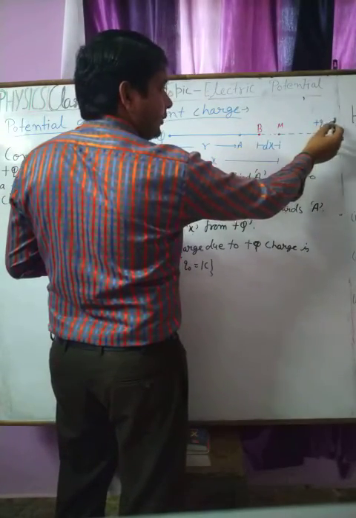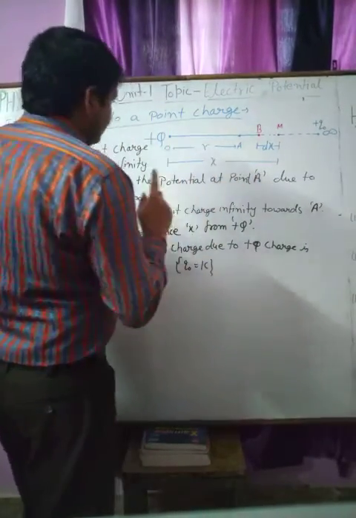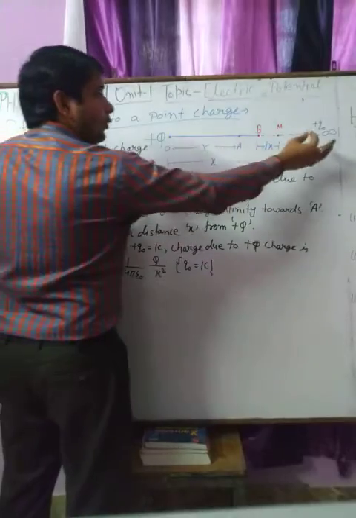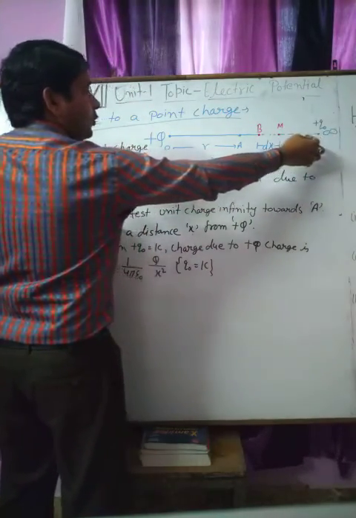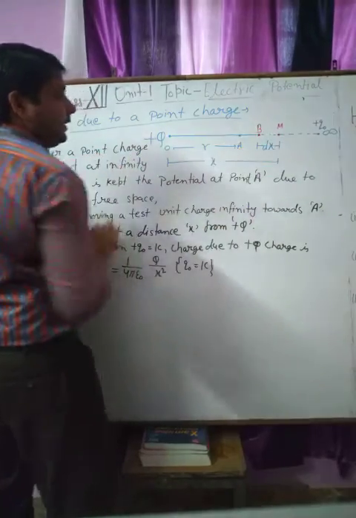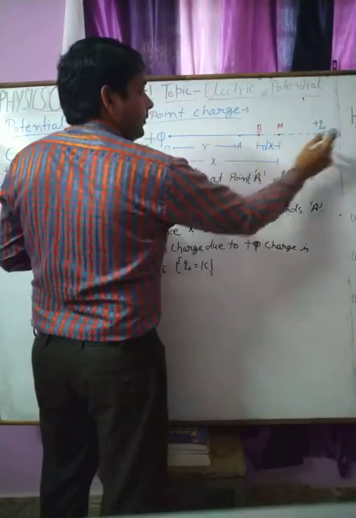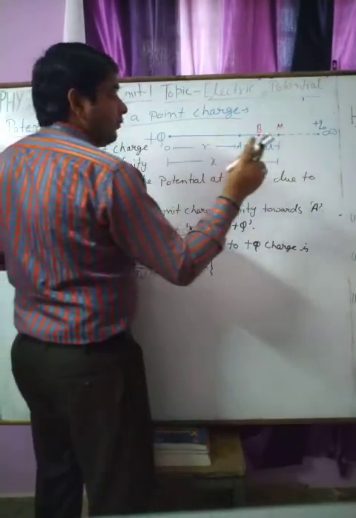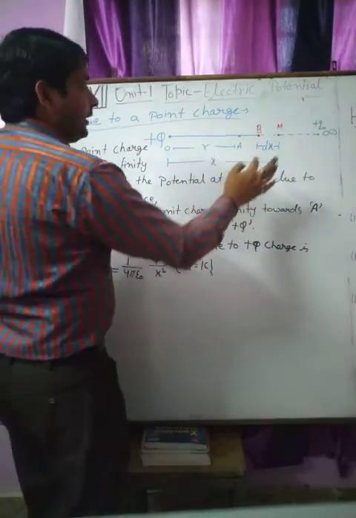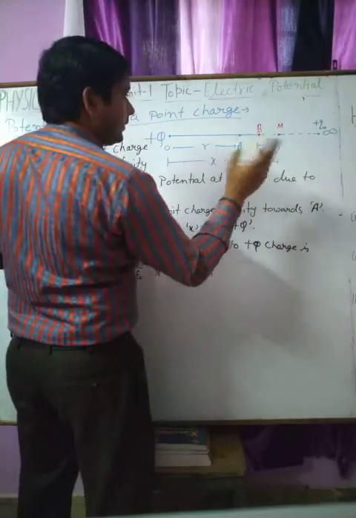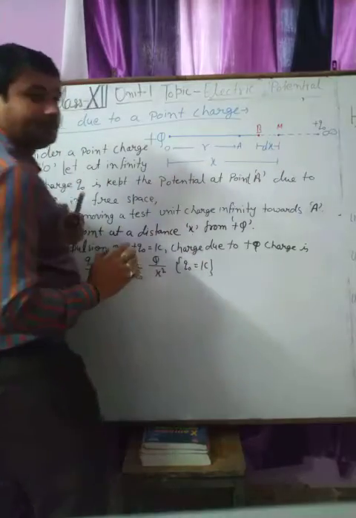A test charge q naught is placed at infinity, and we try to move this positive test charge from infinity towards point A. In between infinity and point A we take a point M, at a distance of x from the charge.